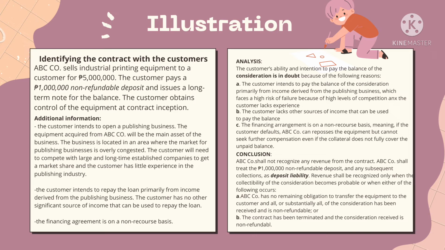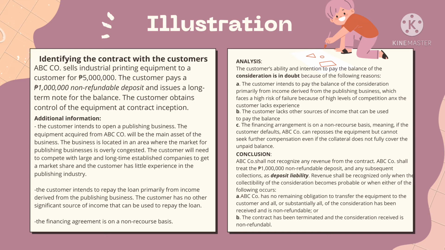In the analysis, the customer's ability and intention to pay the balance of the consideration is in doubt because of the following reasons. First, the customer intends to pay the balance of the consideration, which is significant, primarily from income derived from the publishing business, which faces a high risk of failure because of high levels of competition and the customer lacks experience.